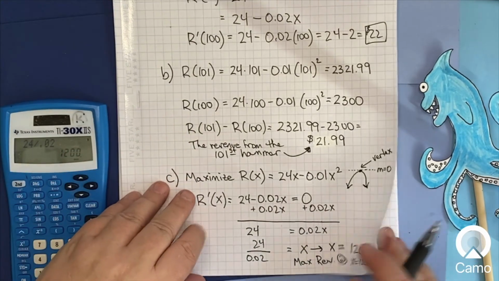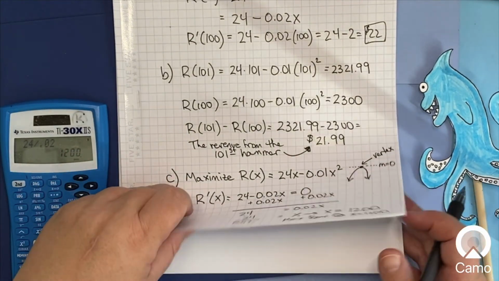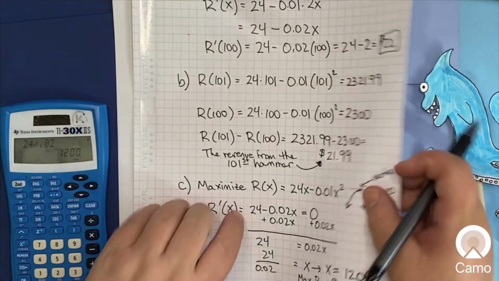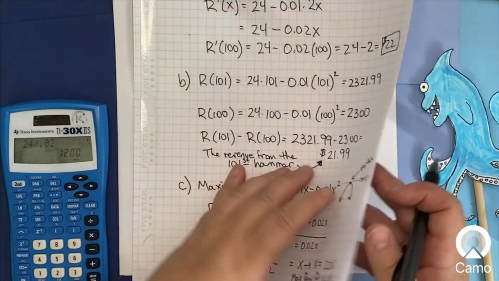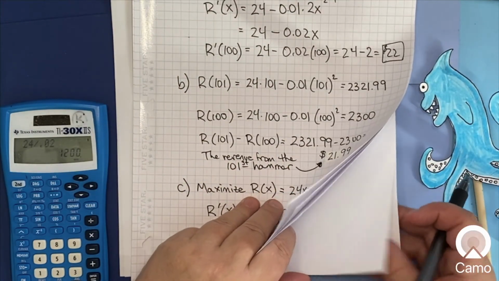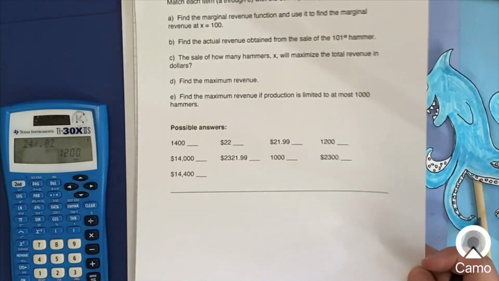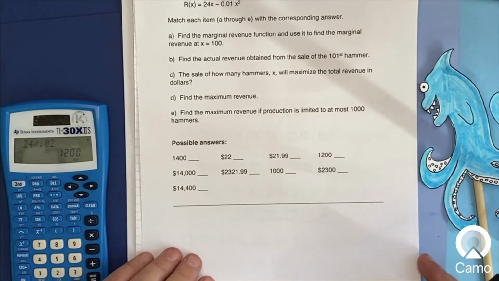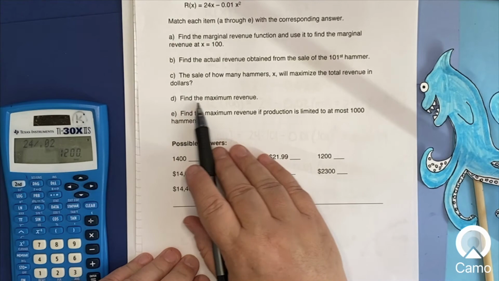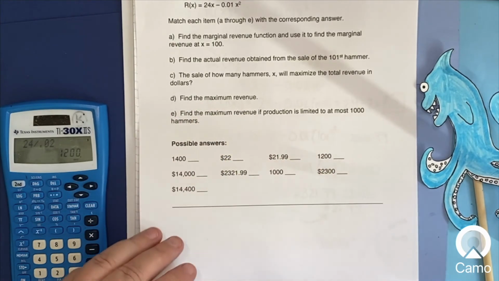Okay, now let's look at the next question. Oops, that's not the next question. I mean, that is the next question, but where did I put it? There we go. So the next question is part D, find the maximum revenue. Okay, I can do that.